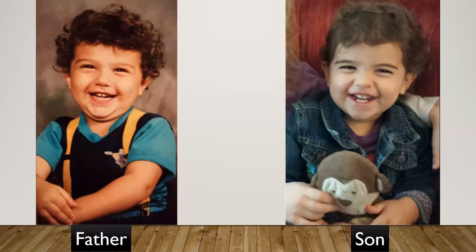So we feel that the son is very much a copy of the father, right? But the son also has very minute differences. Correct. Now tell me what makes the child look very similar to the father.